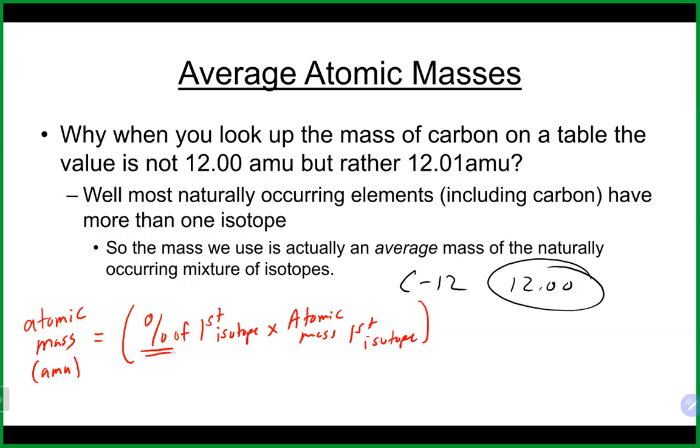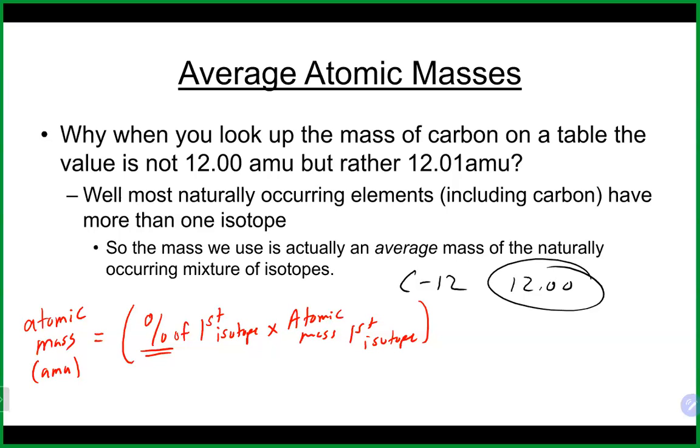By percent, this is referring to what is sometimes called percent abundance or relative abundance. It is basically the percentage out of 100 of how often that isotope occurs naturally. For example, for carbon, one isotope is about 90-some percent of the time, and you get the other 1%, or less, of the time.